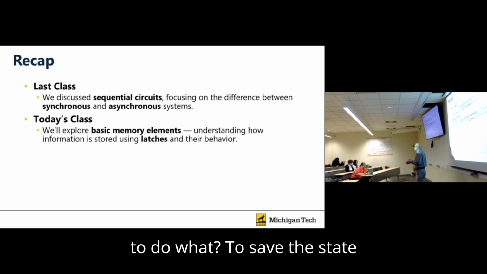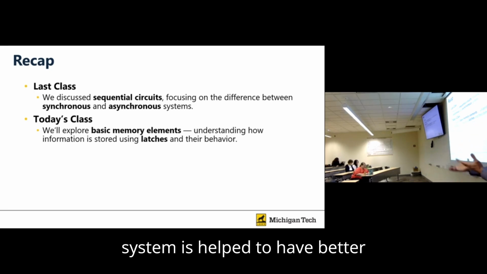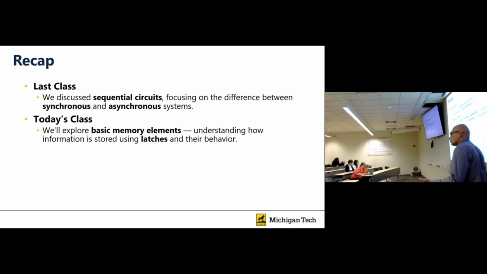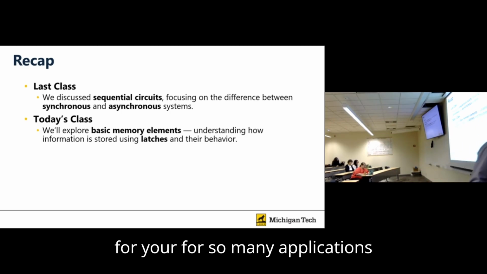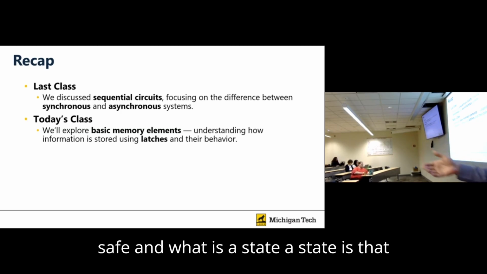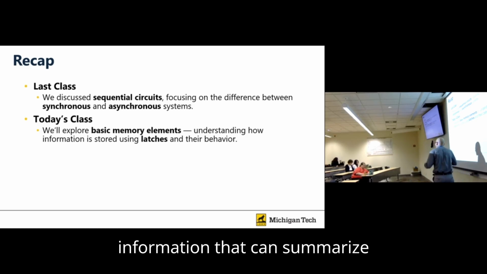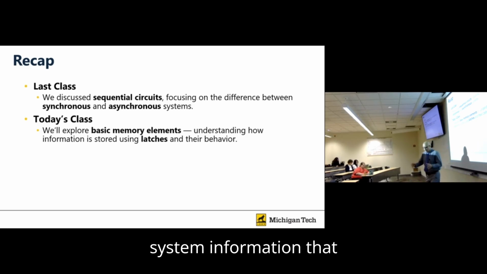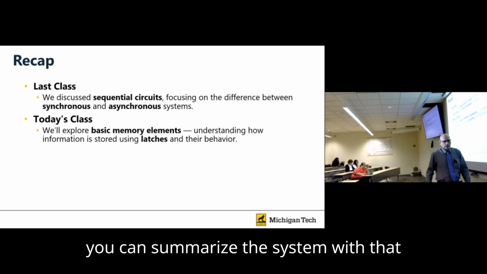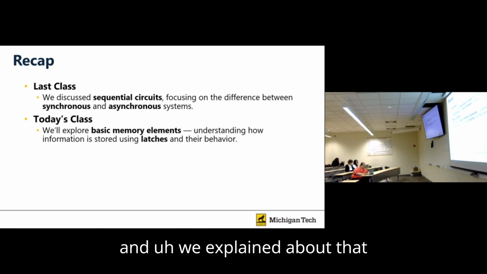To do what? To save the state of the system. Saving the state is how to have better answers for so many applications. You need to keep track of state. And what is a state? A state is information that can summarize the system, whatever system you have.